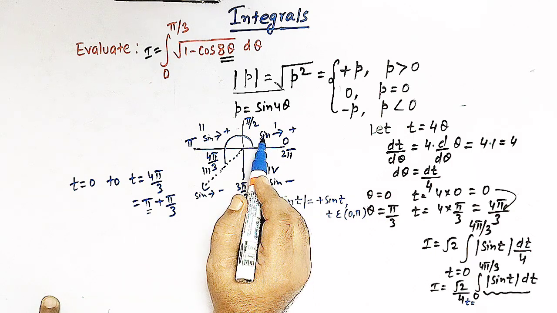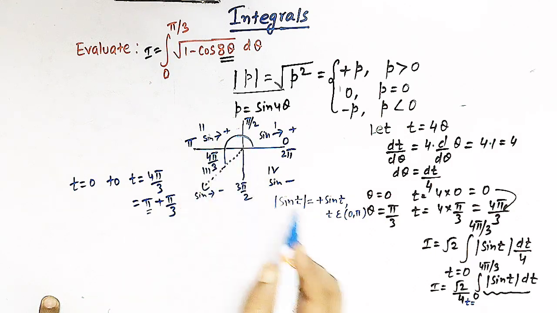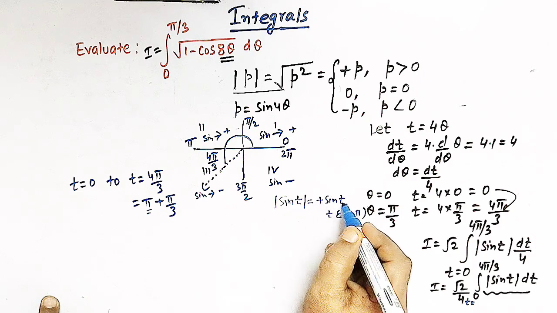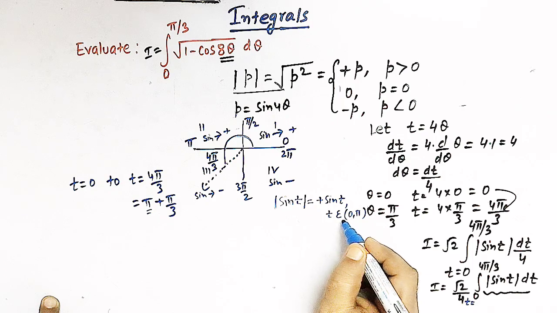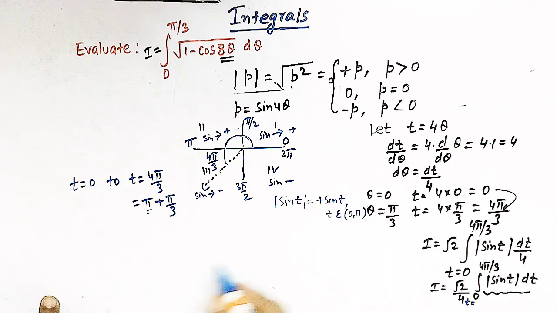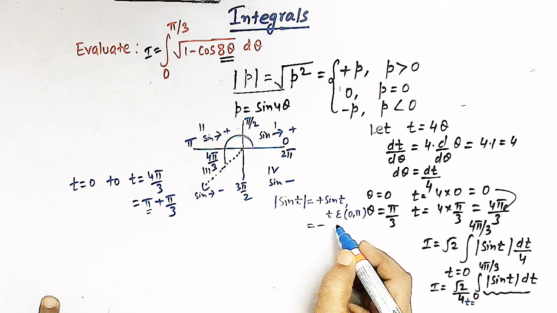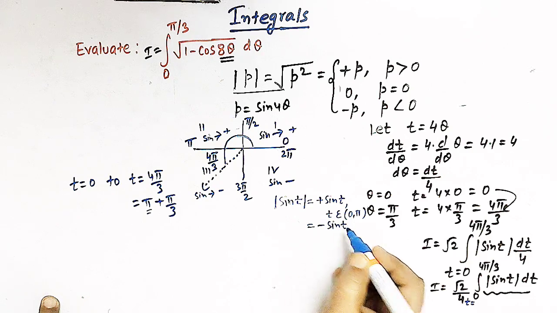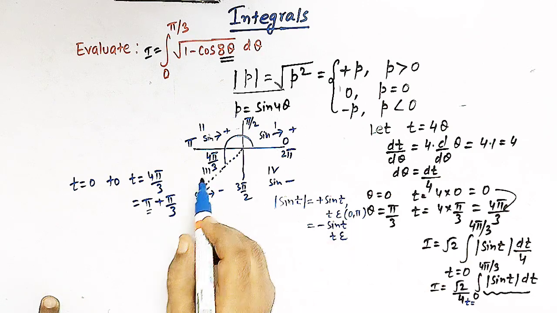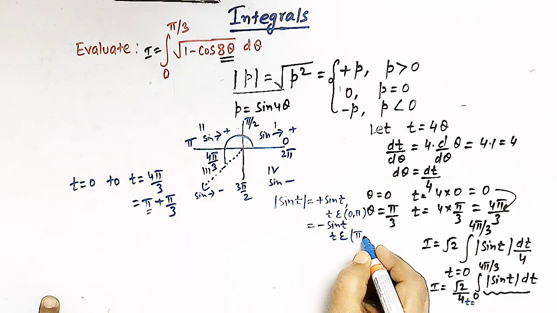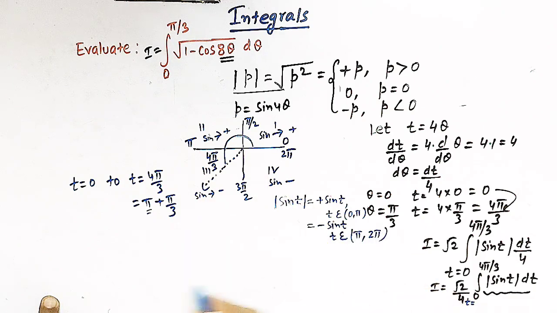So when we are in the first or the second quadrant, the sine function is positive, so mod of sine t is positive sine t when t goes from 0 to pi, and mod of sine t is negative sine t whenever t belongs to the third or the fourth quadrant, that is from pi to 2 pi, right?